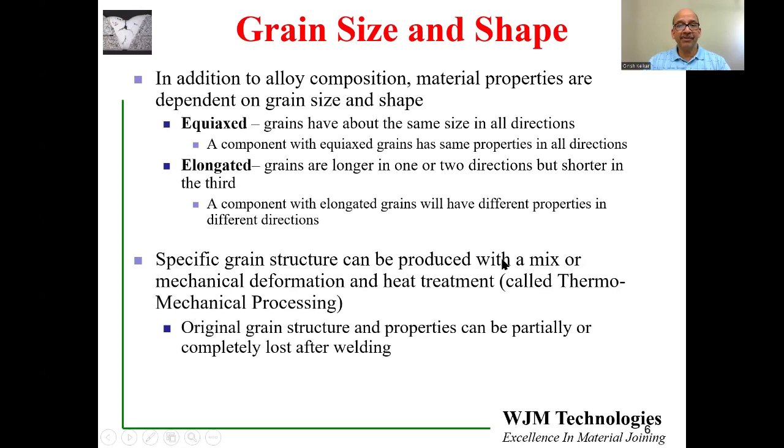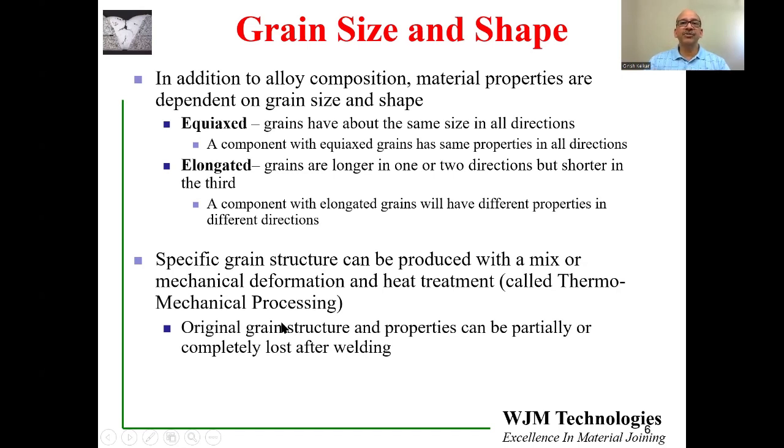Specific grain structure can be produced with a mix of mechanical deformation and heat treatment. So you can actually take an alloy, roll it in a certain direction, provide it with a certain kind of heat treatment, and produce a very unique microstructure that gives it certain properties.